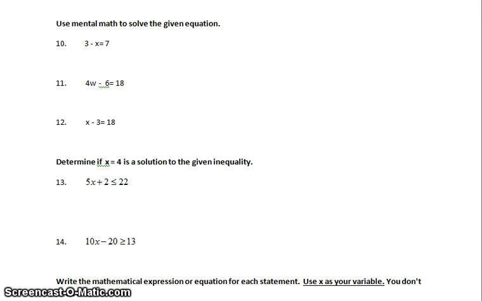Alright, number 10, 11, and 12, we have to use mental math to solve the equation, which means we have to figure out what can go in here to get my answer. So 3 minus what is 7? This one's a little tricky because if you choose positive numbers like 4 or 10 or whatever, and you try it out, you do 3 minus 10.